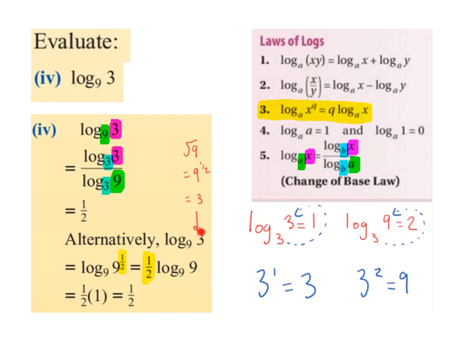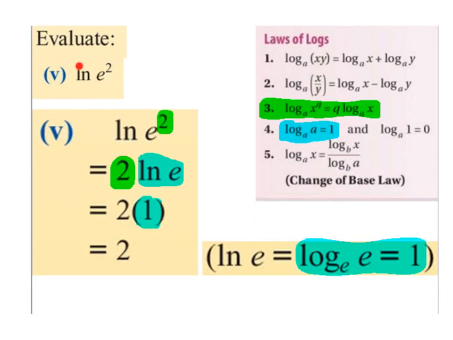So we can rewrite that 3 as 9 to the power of a half. It gives us the same thing. And then using law number 3 of our log laws, we can bring that power down in front of the log. So we end up with a half times log base 9 of 9. And log base 9 of 9 is 1. And a half of 1 is a half. So we get the same answer either way.